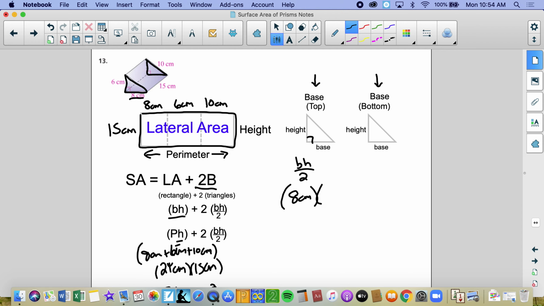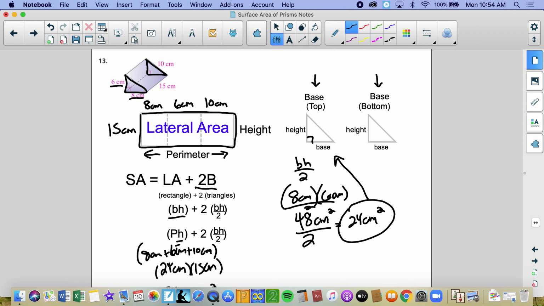And I'm going to multiply it by the height, which is 6 centimeters. 6 times 8 is 48 centimeters squared, and then I have to divide it by 2. So half of that would give me 24 centimeters squared. And that's just for one. That's the area of that base.